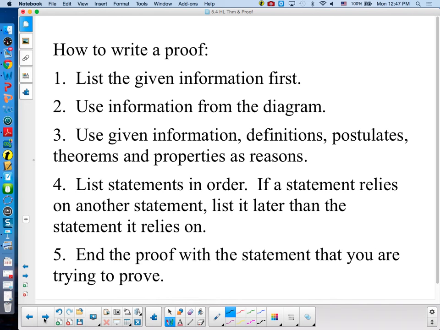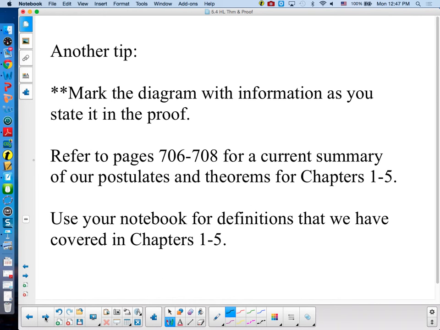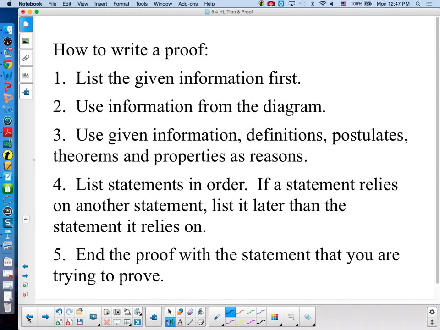Anyone still using this screen for notes? No? Okay, let me look real quick here. Page 706 at the back of the book. That will be the starting of our postulates and theorems that could help us. 706.